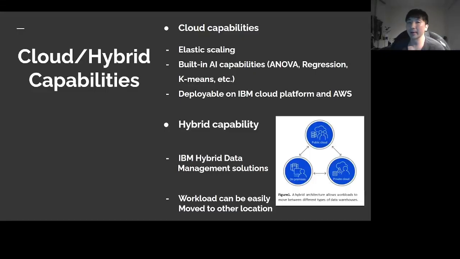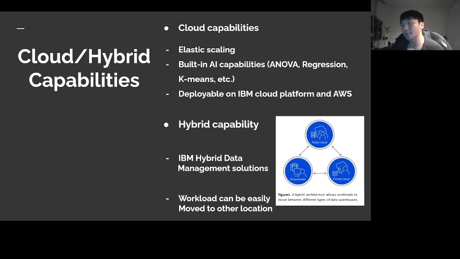I'm gonna explain cloud and hybrid capabilities of IBM DB2 Warehouse. In terms of cloud capability, I summarized the features of IBM DB2 Warehouse in three ways. Firstly, it has elasticity.